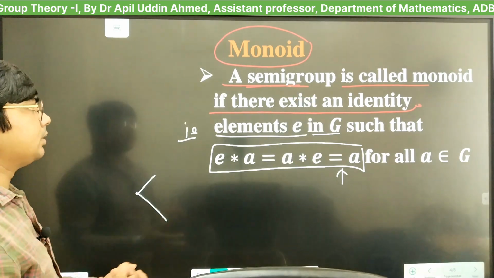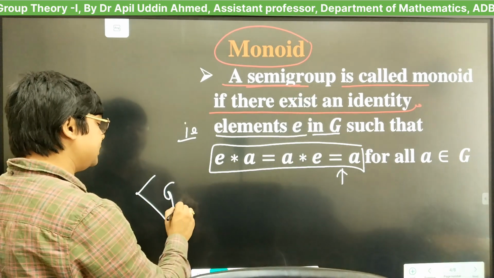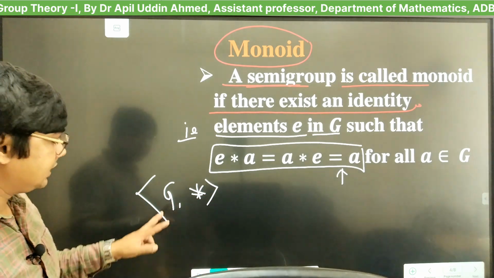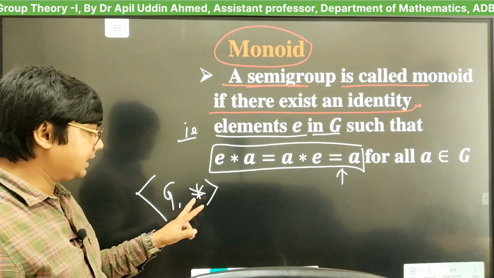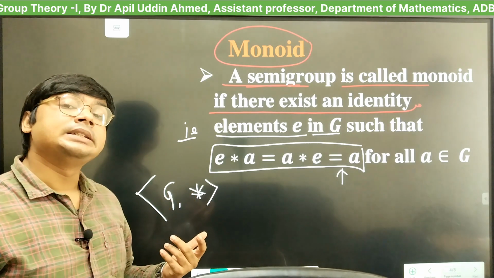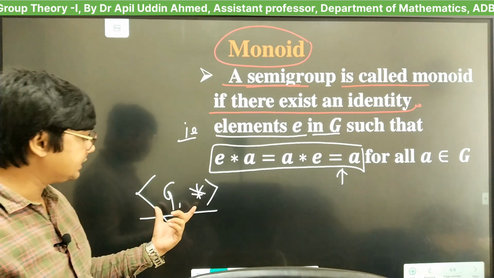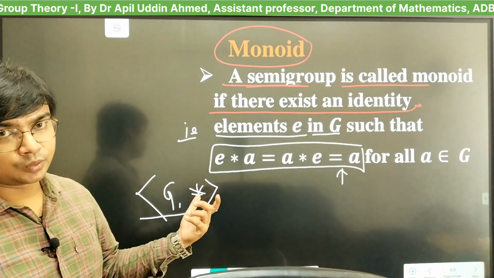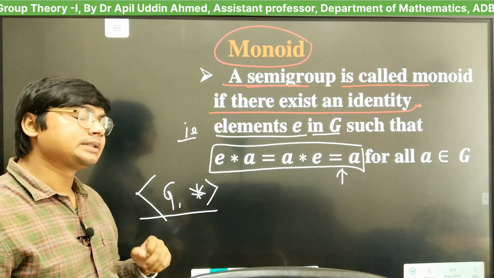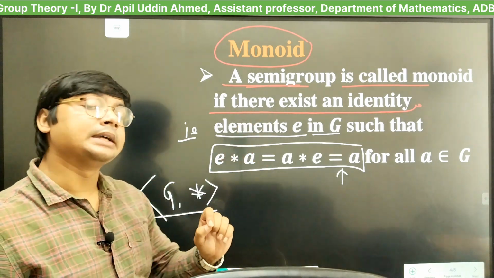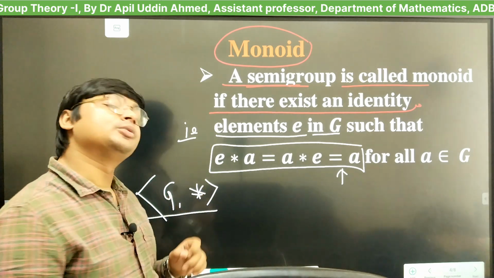So if we consider a semigroup structure, suppose G and star, where G is a non-empty set and star is a binary operation, and suppose this structure is a semigroup, then this structure is said to be a monoid if it has an identity element with respect to this star.